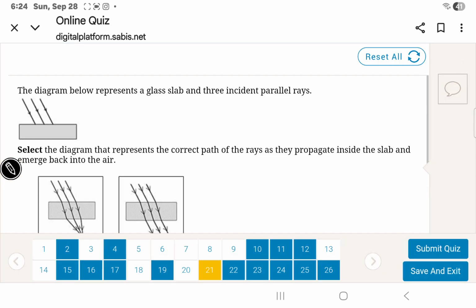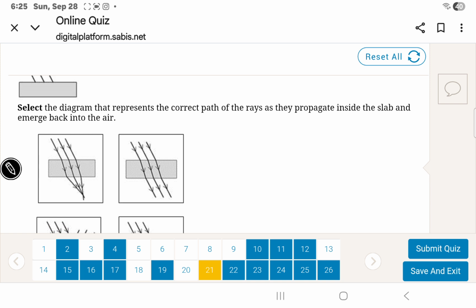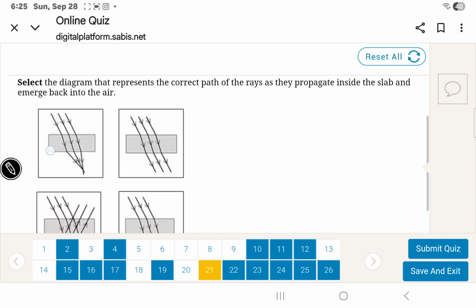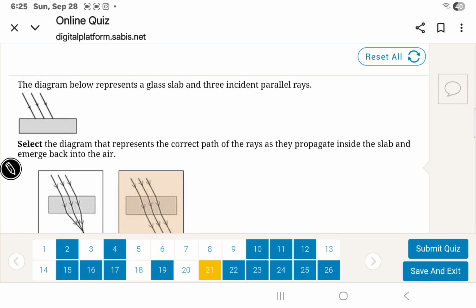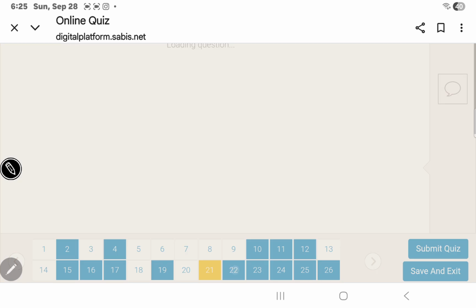Next one. The diagram below represents a glass slab and 3 incident parallel rays. Select the diagram that represents the correct path of the rays as they propagate inside the slab. So here you have to select the first option because the emergent rays are parallel to the incident rays.